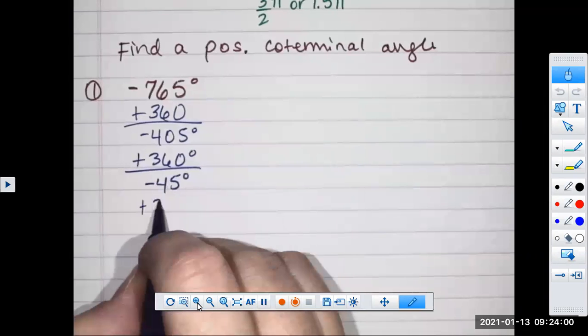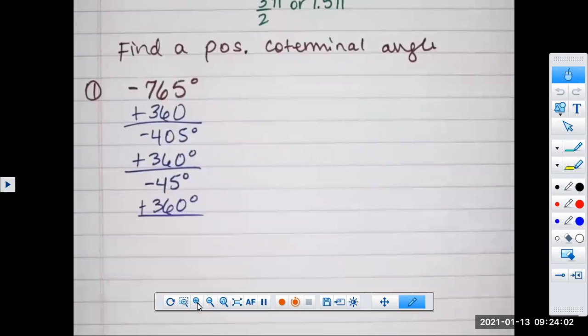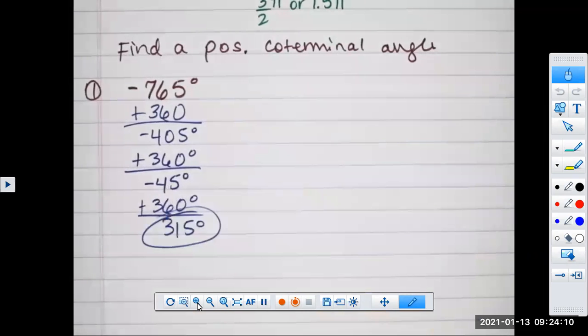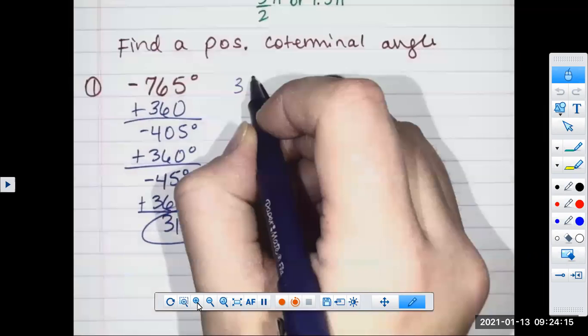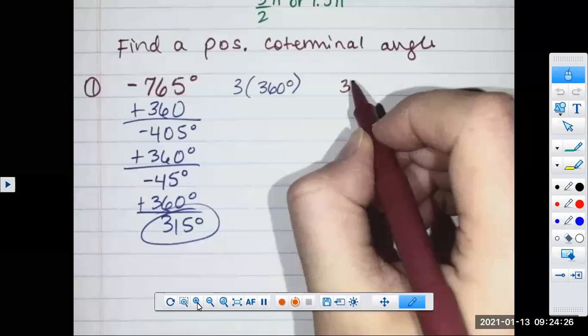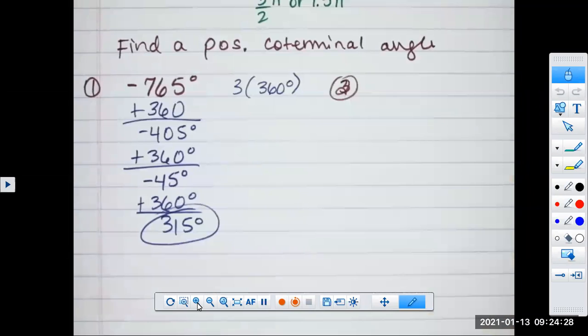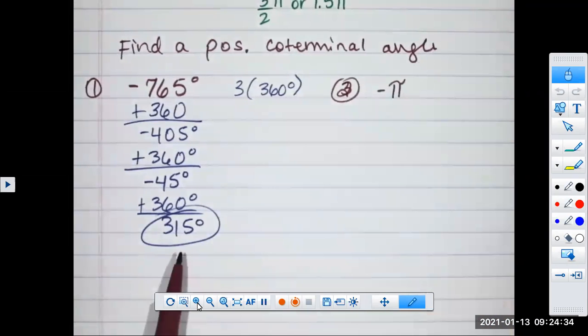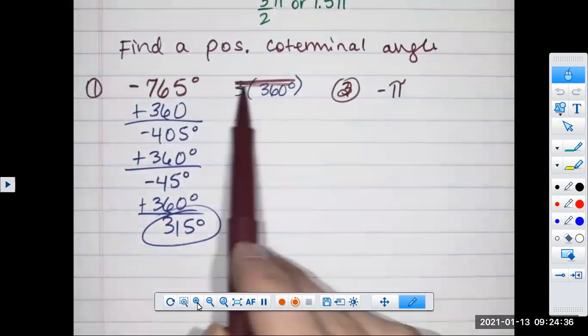We're still negative. They want us to be positive. So 315 degrees. And if you were to draw both of those angles, you would say they have the same terminal side and same initial side.